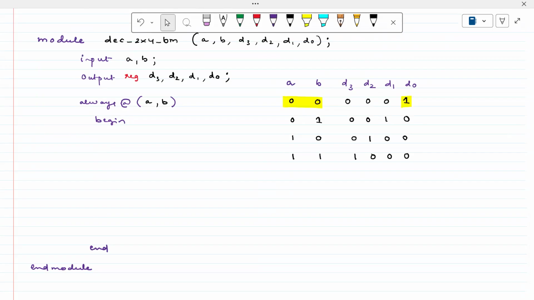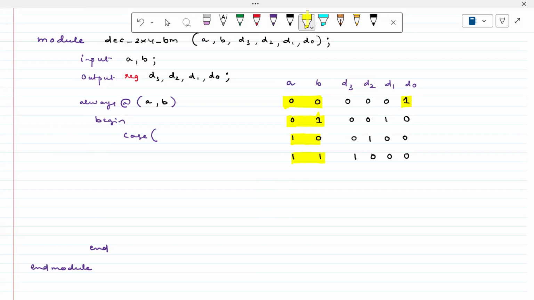So I'm going to write in between. As I told you, we are going to use one procedural statement that is called the case statement. Let's take a case statement, something like this. Case. I want to see this combination as one case, the second combination as another case, the third combination as the third case, and the fourth one as the fourth case.